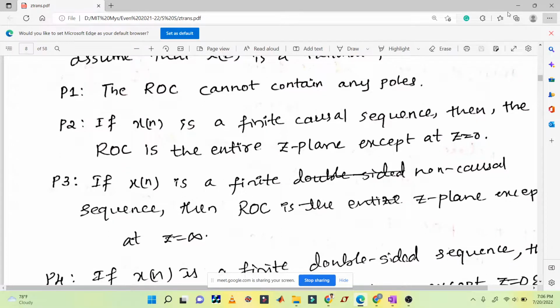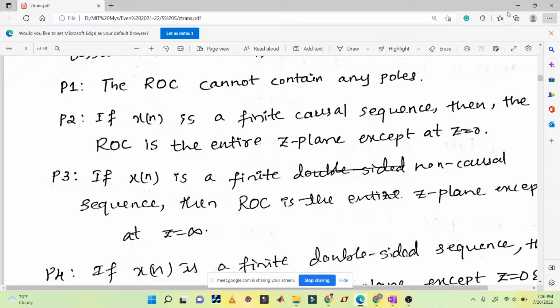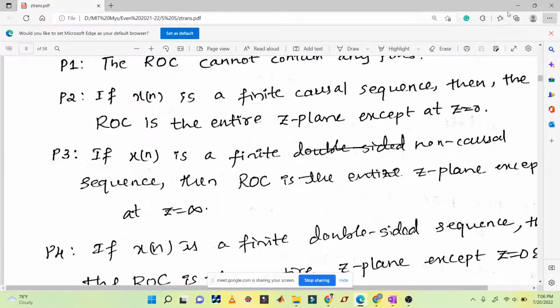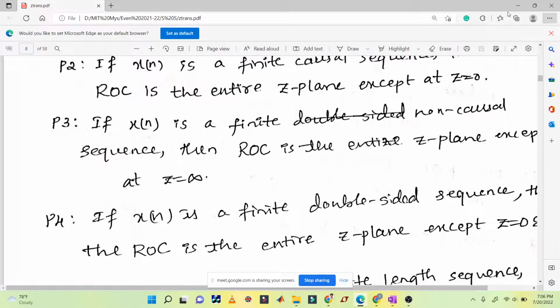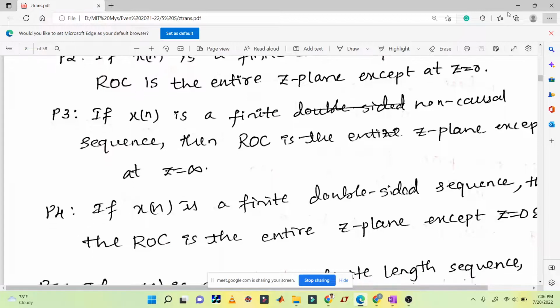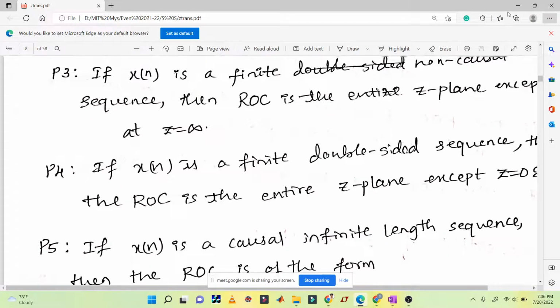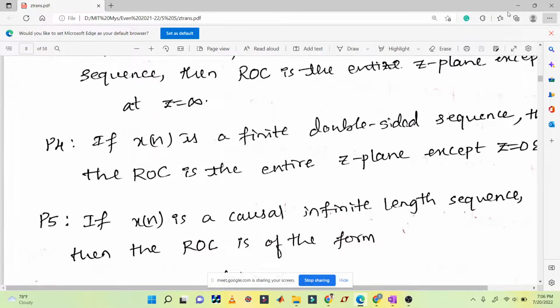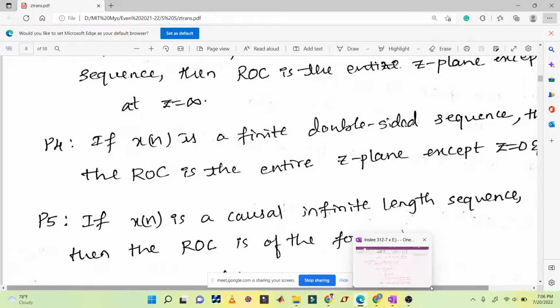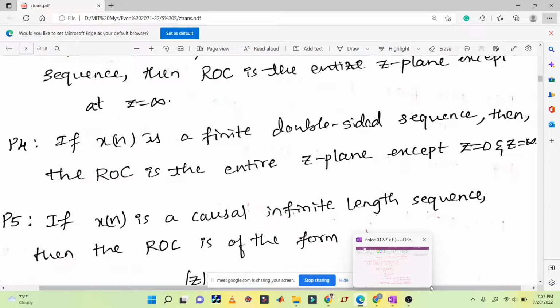Then for finite sequences, we have three properties: finite causal sequence, ROC is the entire Z plane except Z equal to 0. If x of n is finite but non-causal, then ROC is the entire Z plane except Z equal to infinity. If it is a finite but double-sided sequence, then the ROC is the entire Z plane except Z equal to 0 and infinity. So between 0 and infinity, our ROC will lie.